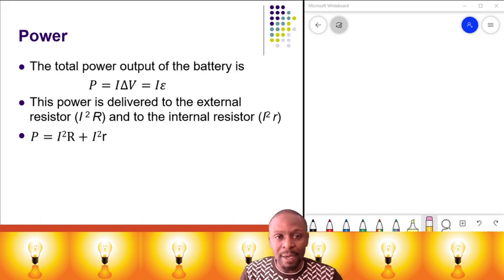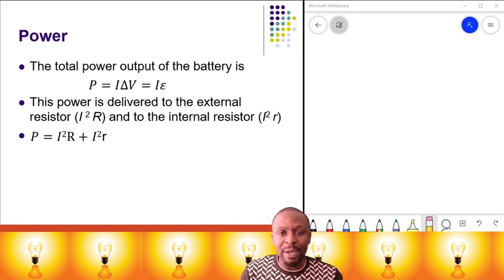resistance. Right, now in terms of the total power, as I've already explained to you on the whiteboard, the total power is just given by I times change in V. From the previous chapters, we have seen that this is the total power, and in this case it's nothing else but the current times the EMF.